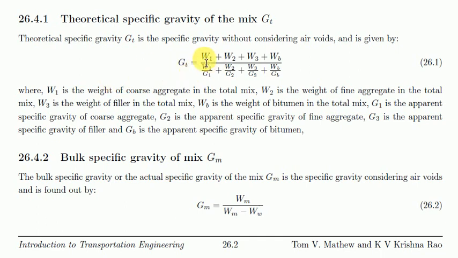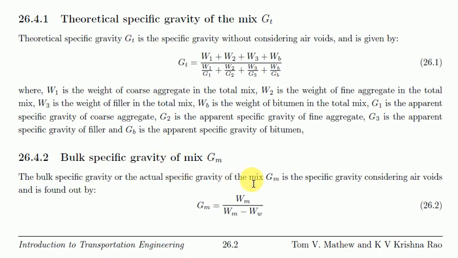So in 1200 grams, what is the weight of coarse aggregate in the total mix. W2 is the weight of fine aggregate, W3 is the weight of filler, the dust particle, and WB is the weight of bitumen. Based on that weight calculation, G1, G2, G3, G and GB are the specific gravities, and by calculating this we can calculate the theoretical specific gravity.